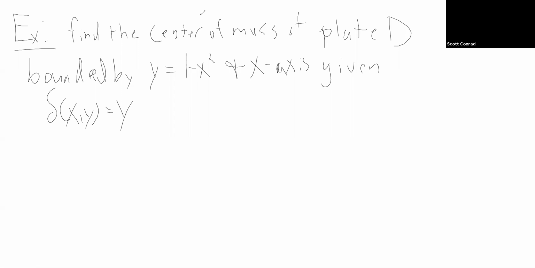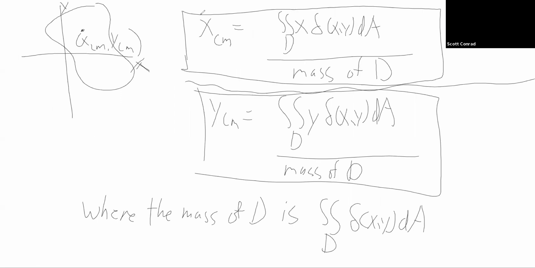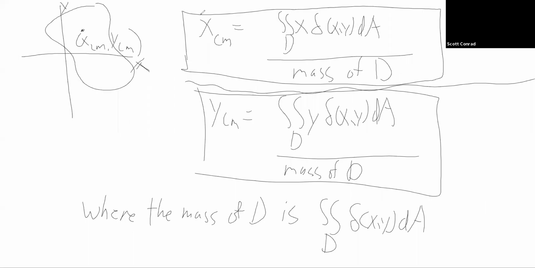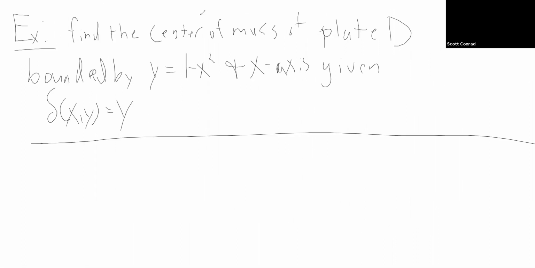The first thing I would suggest doing for the center of mass problems is finding the mass of the plate to begin with, because that's going to be in both calculations. So let's find the mass first. Well, hang on. Let's draw our region.